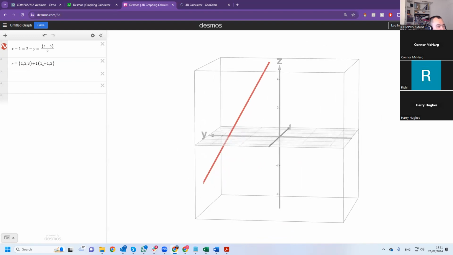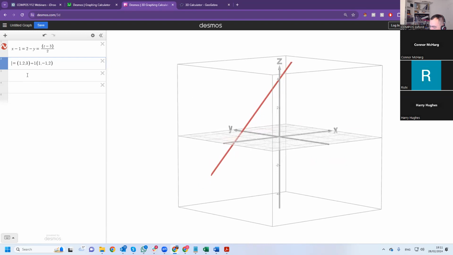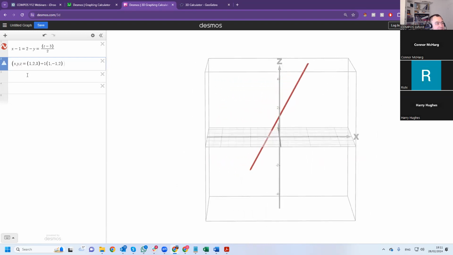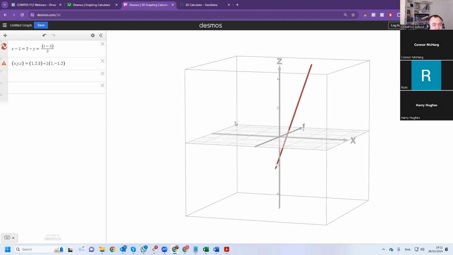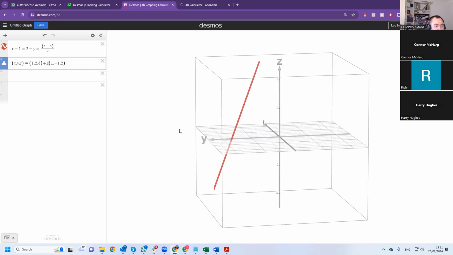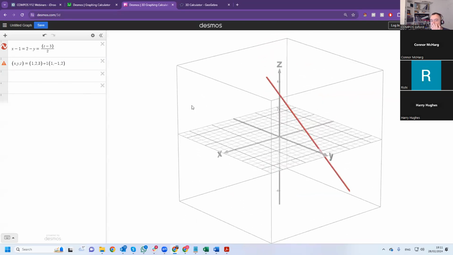And it doesn't like vectors. Okay, let's see if we can do this. X, Y, Z. Doesn't like it. Anyways, we've got a straight line.